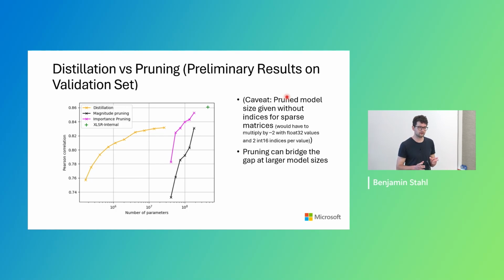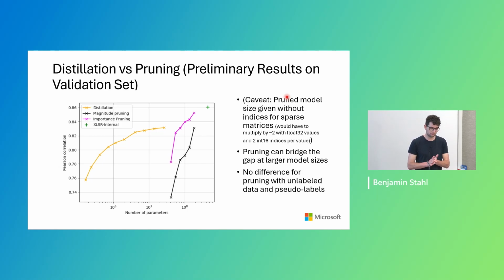One would have to multiply the model size approximately by 2 if we used 32-bit values and 2 16-bit integers for each matrix entry. And also what showed was that for the pruning there was no difference in adding unlabeled data and pseudo labels, so it didn't matter if we pruned only on labeled data or on unlabeled data as well.